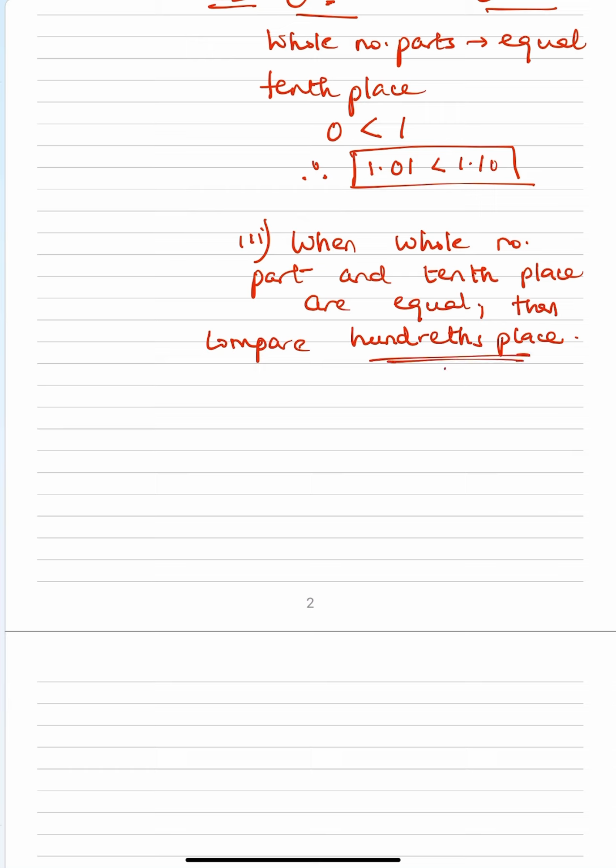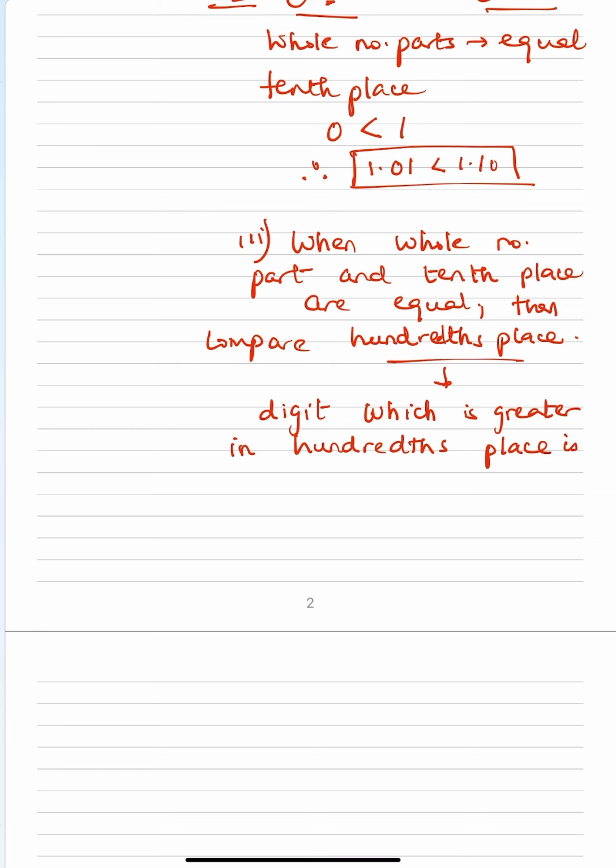The meaning of this is, let us write the digit first, then compare. The digit which is greater in hundredths place is greater.